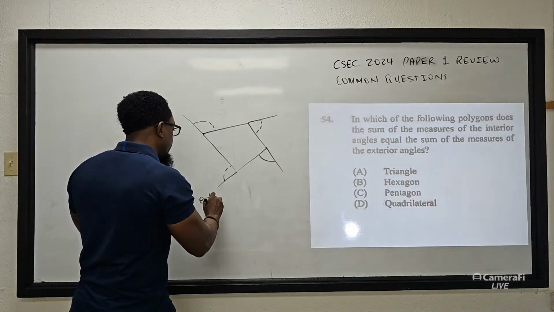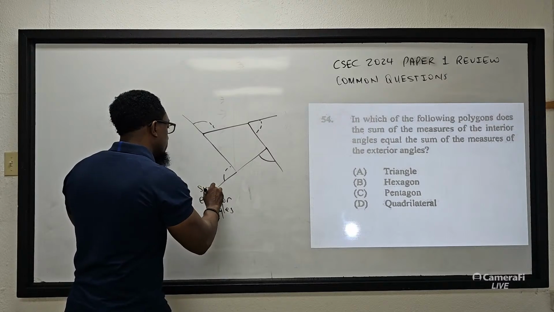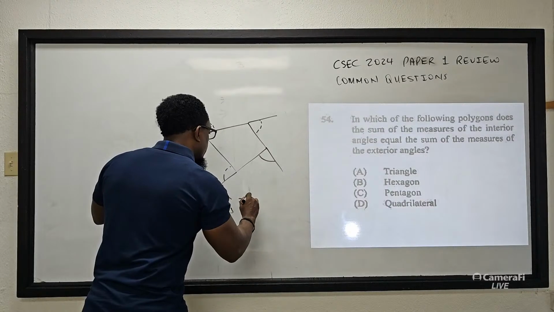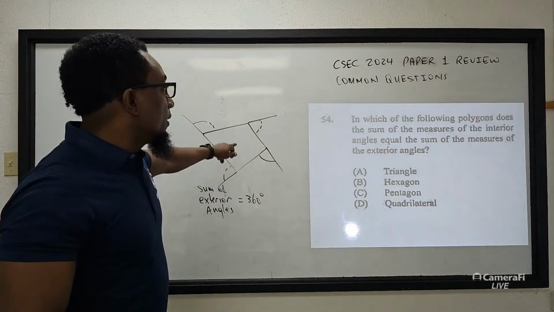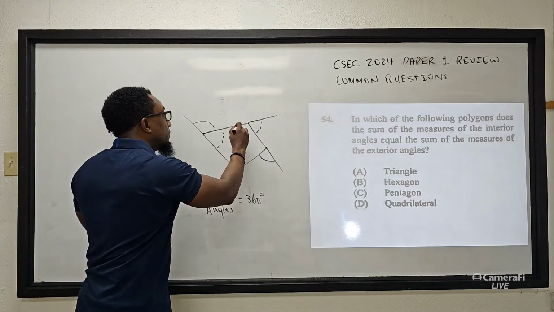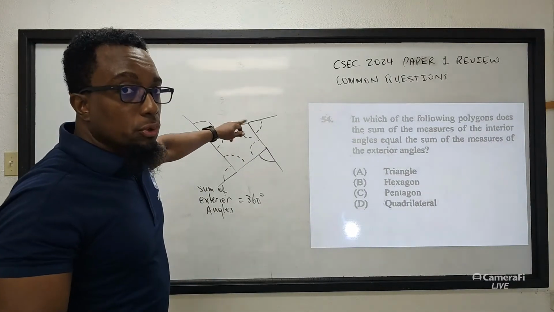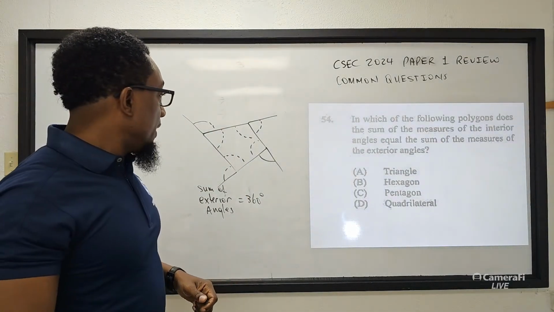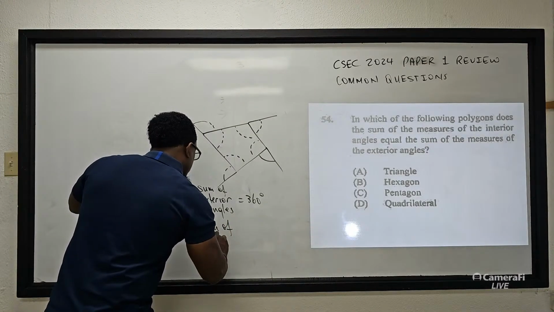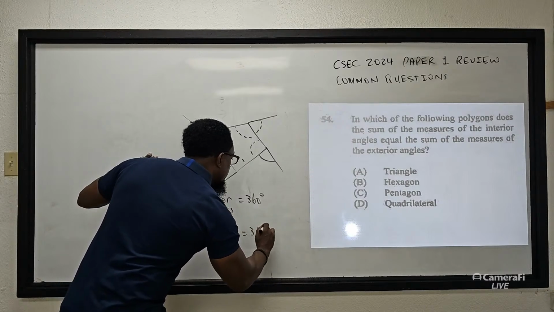So the sum of exterior angles will be what? 360. And for a quadrilateral, the sum of all four interior angles will also be equal to 360. So the sum of interior angles will also be 360.